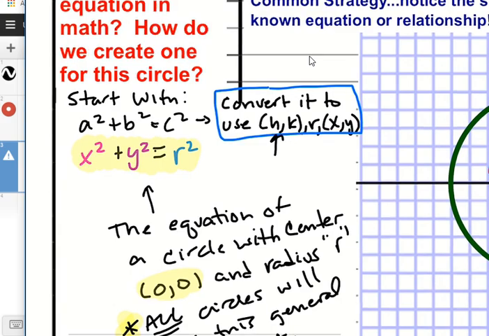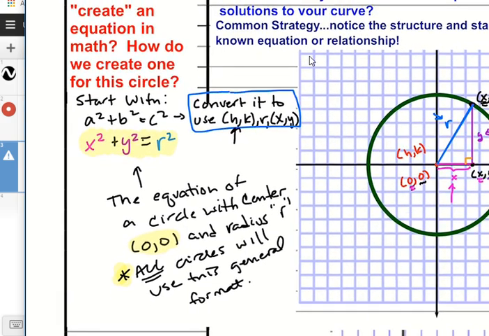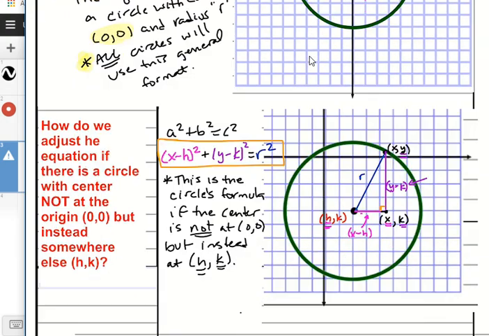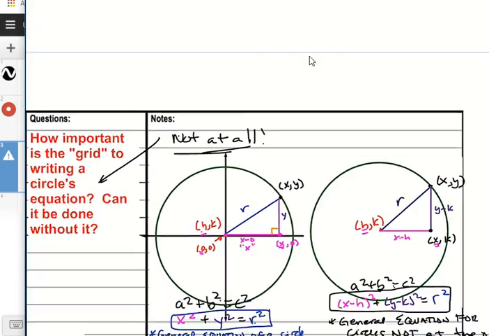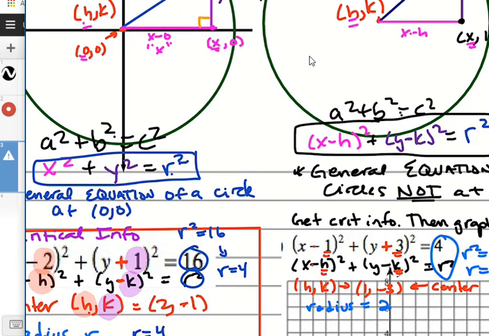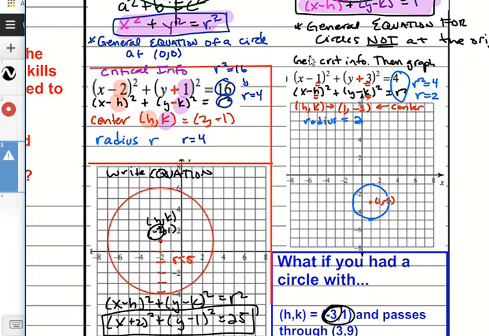One equation if you have a center at 0, 0, and a whole other equation if you have that center at h comma k. We can immediately start putting that to work, either looking at an equation and reading it, being able to pull the center and radius out of it, or being able to create the equation given critical information, whether that be from a graph, or from some information point-wise.